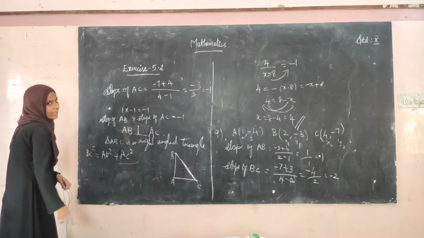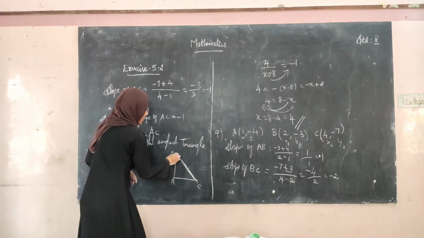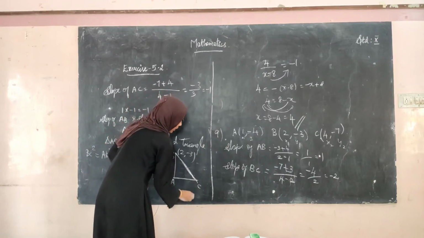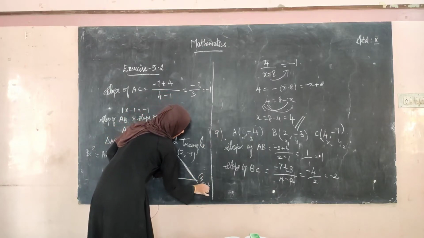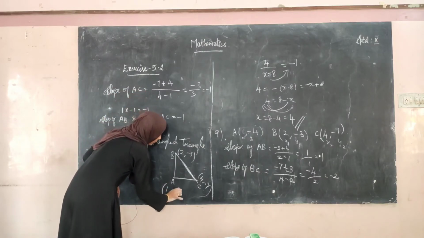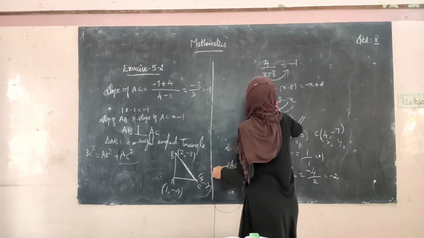We have to check whether the given points satisfy this condition. B is 2, -3. C is 4, -7. A is 1, -4. Okay, shall we check whether it satisfies the condition?